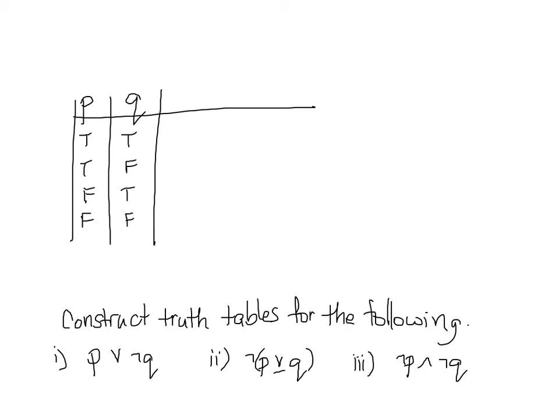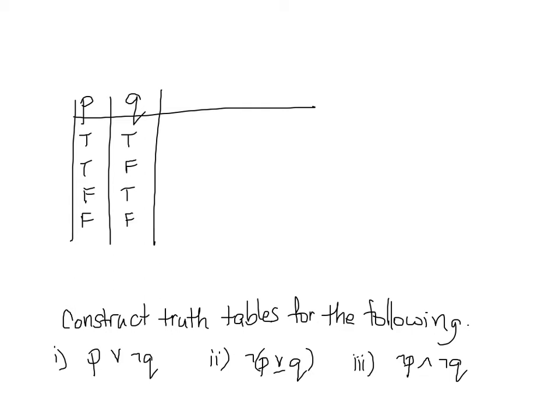So now we're being asked to construct the following truth tables, and they are using the symbols that we used just now, but they're combined in different ways. And that's on purpose. So in our truth table, we see that there's a bunch of not P's and not Q's, and we're going to have to use them eventually.